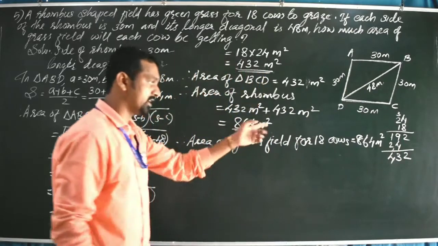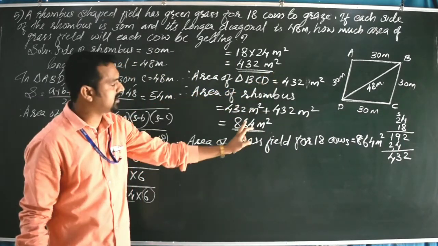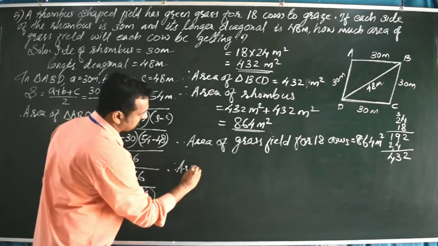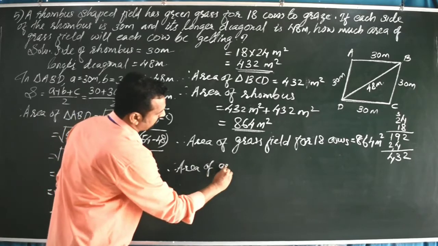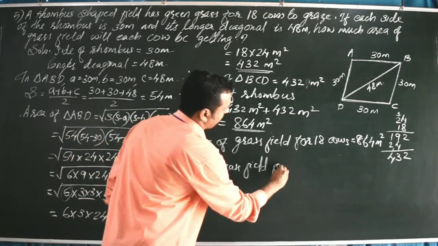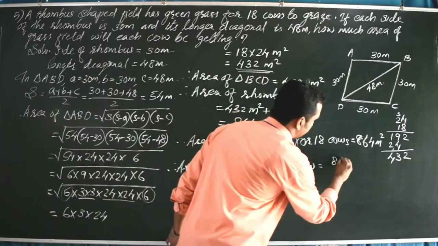Total 18 cows can graze in that field, that is 864 meters square. Therefore, area of grass field for one cow is equal to, how much will you get?